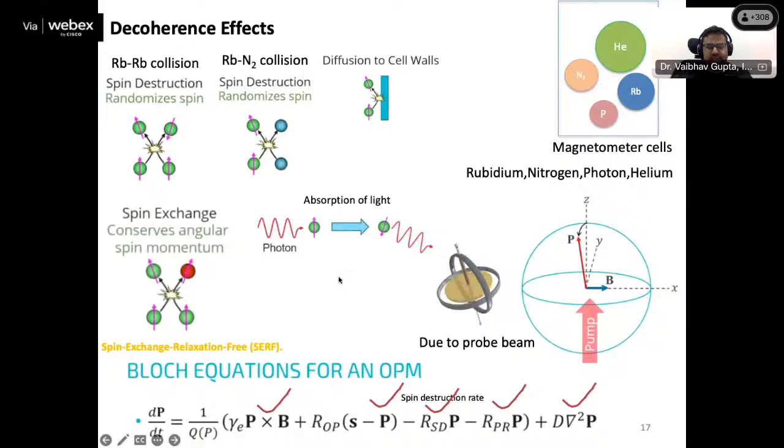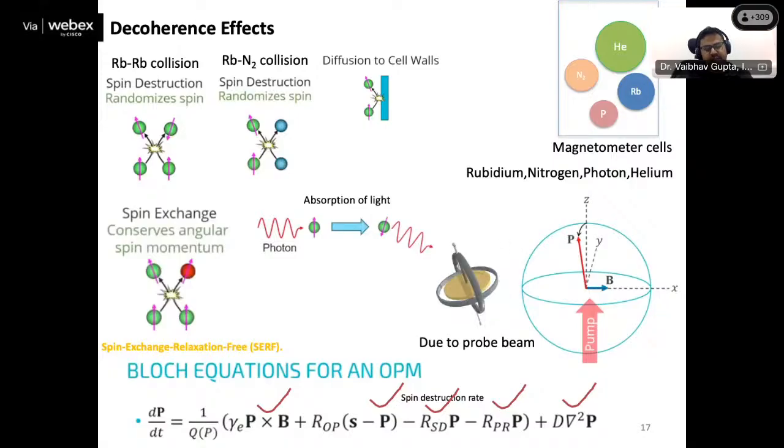But here, I hope it is clear to you what the different factors are which can create decoherence, and somehow we have to mitigate them. You cannot avoid them completely, and that is the reason why in the beginning I showed you that table which says that in atomic magnetometers, alkali metals such as rubidium, in their vapor phase, create some sort of problem in terms of minimum detectivity.